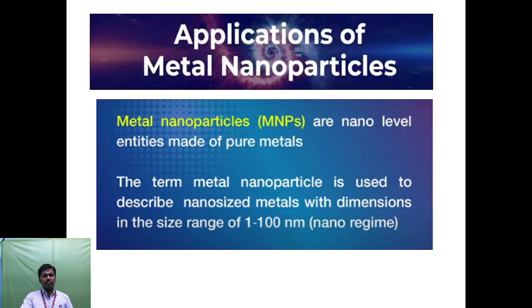So applications of metal nanoparticles. Metal nanoparticles are nano level entities made up of pure metal. The term metal nanoparticle is used to describe nano sized metal with dimensions in the range of 1 to 100 nanometer.